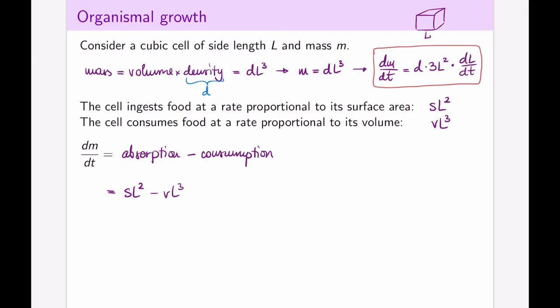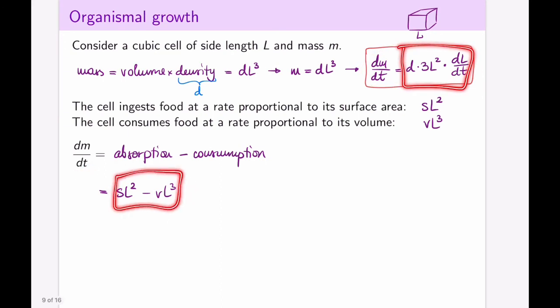Now, this is the second expression for the rate of change of mass, the first one being this one. Because both of these expressions describe the rate of change of mass, I can simply set them equal to each other and then see if I can derive another relationship out of that.